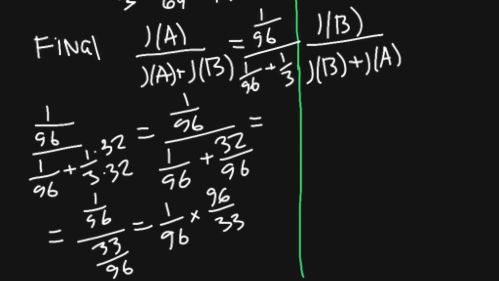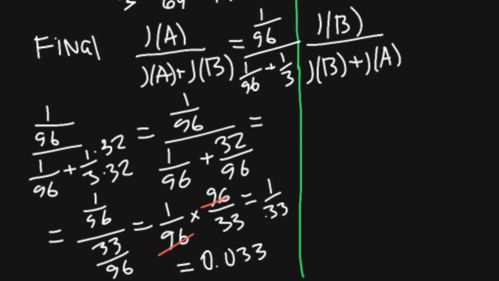So this is what we are going to get, and now we can cross out this number in the numerator and this number in the denominator, and the answer is going to be 1 over 33. If we divide 1 by 33, we are going to get 0.033.